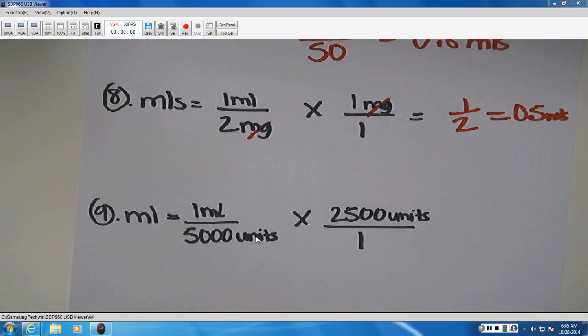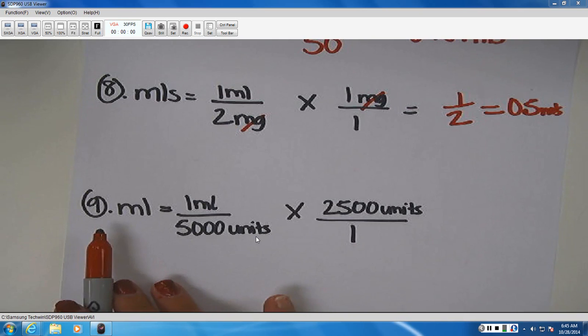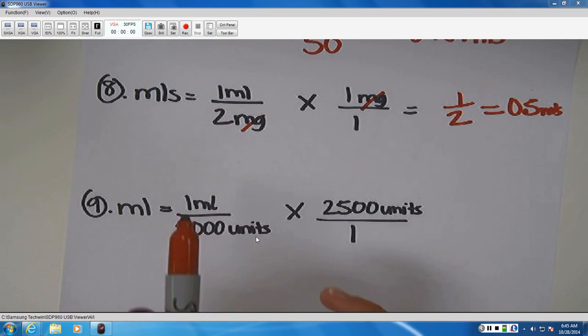Number 9, the physician orders heparin 2,500 units subcutaneous every 12 hours for your patient with a jejunostomy. You have heparin 5,000 units per ml available. How many mLs will you give? Again, you could probably just look at that and know what you're going to do, but we're still going to work it out. So I am solving for mLs, and my dose that I have on hand is 1 ml equals 5,000 units.